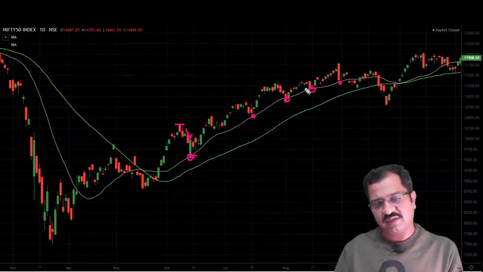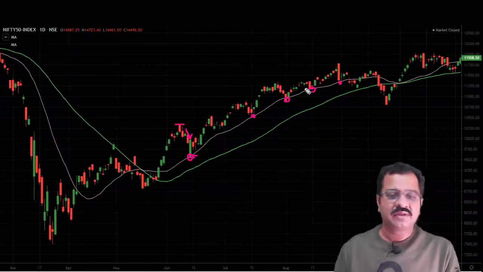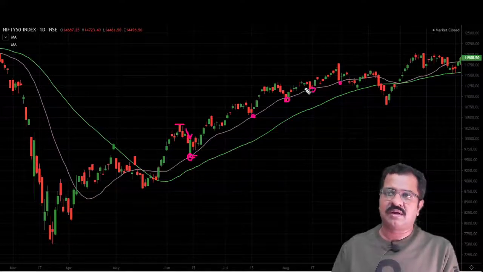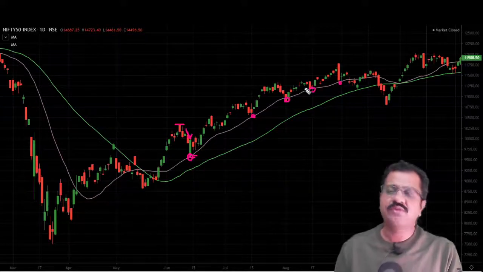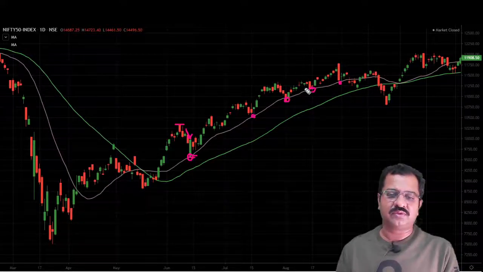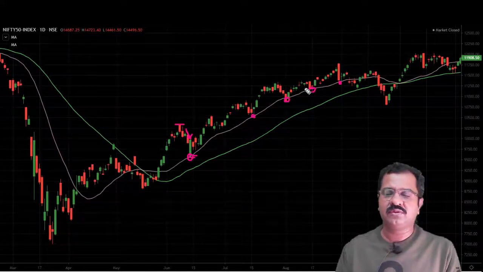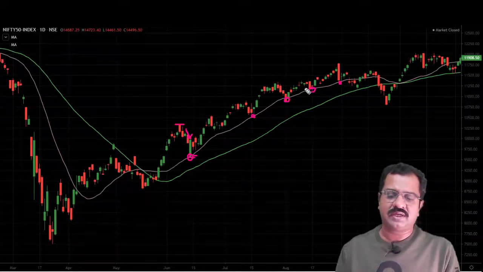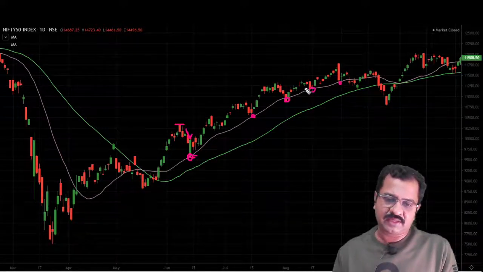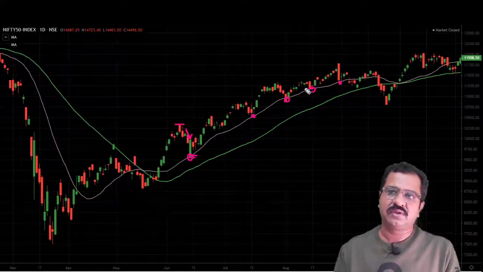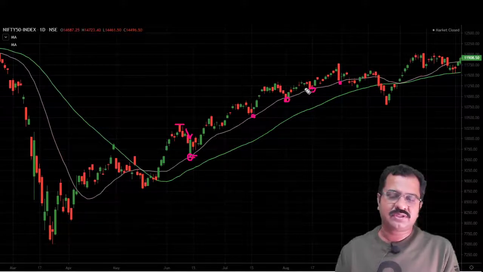You can define your exit rules and all that. I'll just give you a pointer on how to create an exit rule. So for the entry rule I told you that when price touches the 20 moving average and then again starts resuming its uptrend, you can enter. But then how to exit?